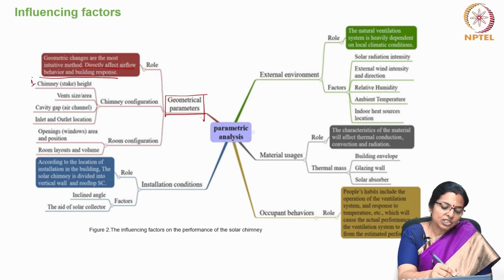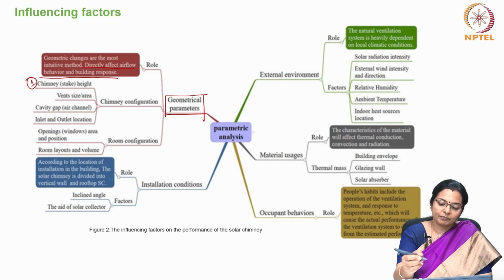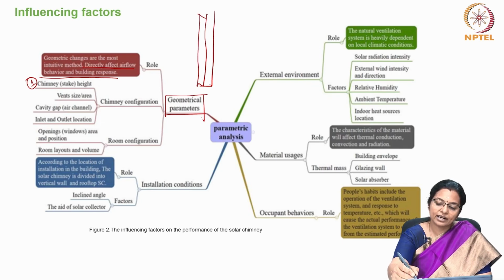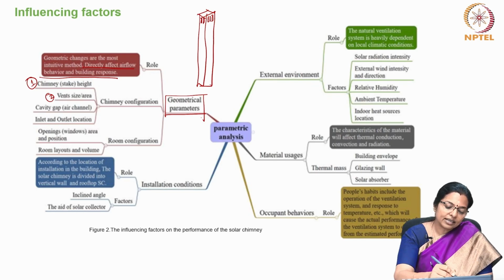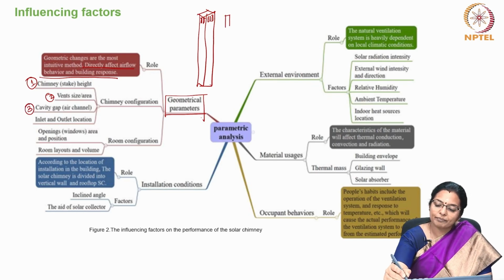First is the chimney height or the height of the stack. When we look at the stack, chimney height. Second is the size of the vent on top. Third is the cavity or air gap on top.